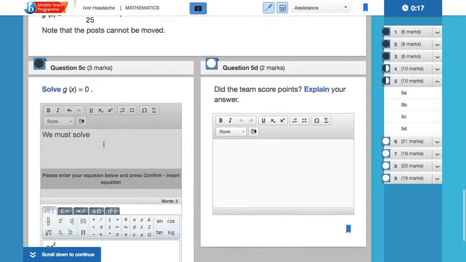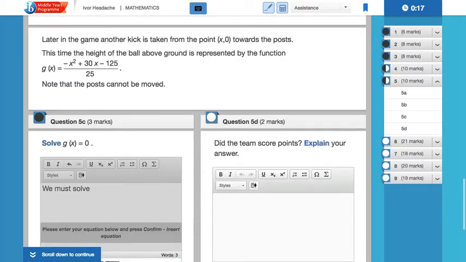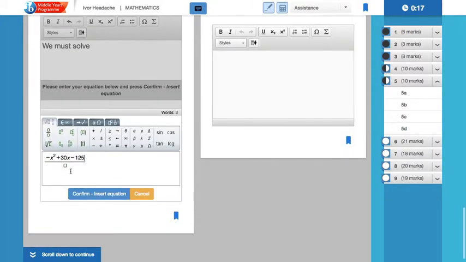Plus 30x minus 125, and then all over 25. That's got to be equal to 0.